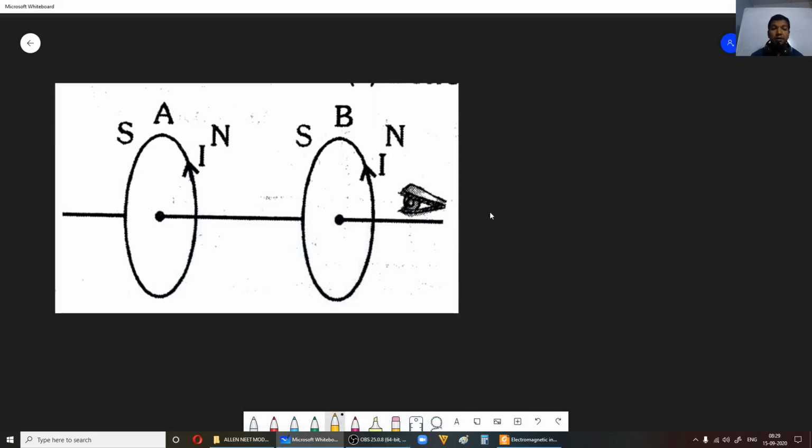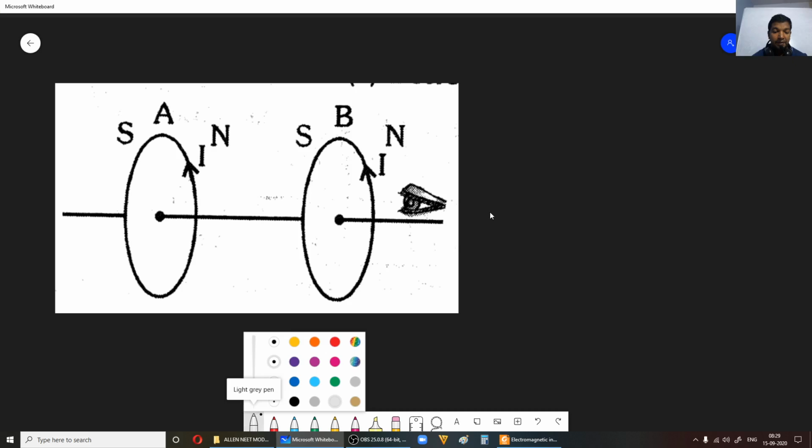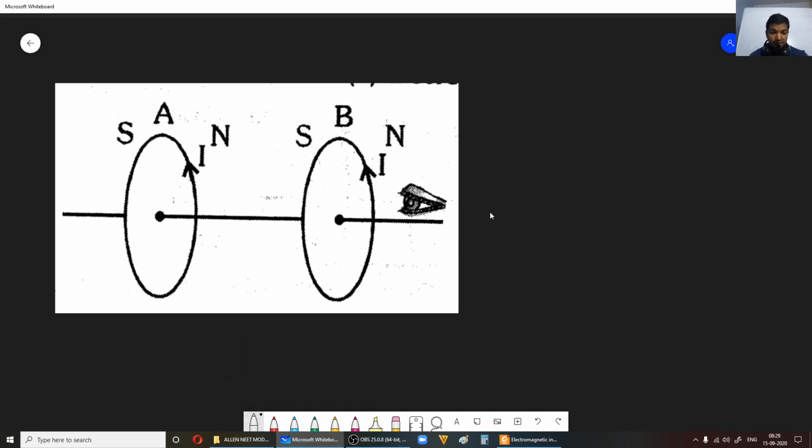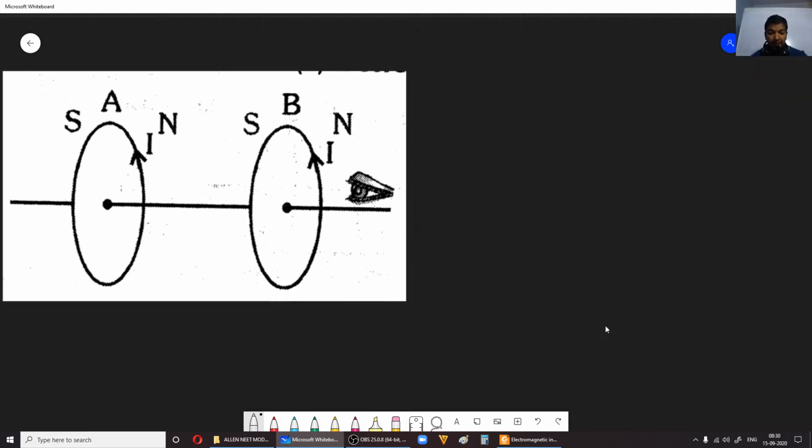Now we have two coaxial coils, correct, in which current I is flowing, and with respect to the observer, both the currents, that is in loop A as well as in loop B, are in the anti-clockwise sense, right? Now, if you try to draw the individual magnetic field patterns, you can clearly make out that this is the north pole of coil A, correct, and this is the south pole of coil B, right?